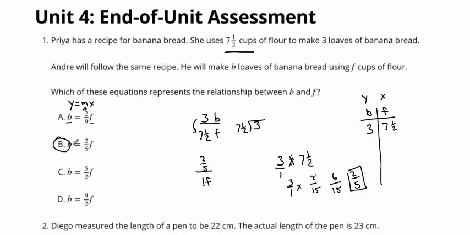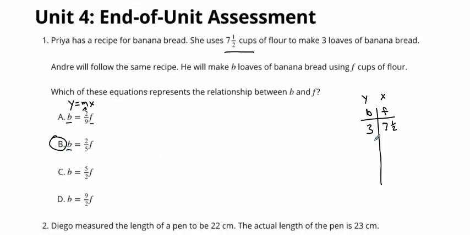So the correct equation here would be B. Another way, since it's multiple choice, you could take this 3 and 7.5 from our table that we made. Bread is 3, flour is 7.5, and replace the variables and see which one of these equations work. Since we already know that B is correct, let's try that one first.